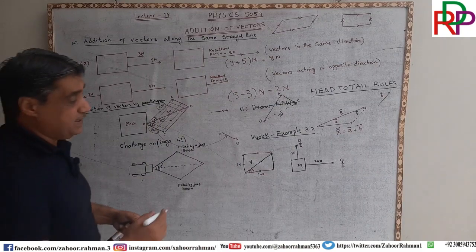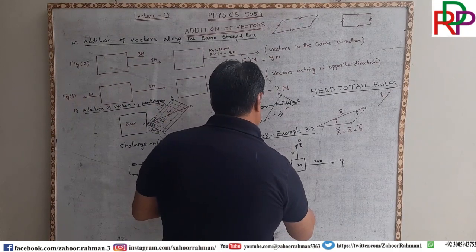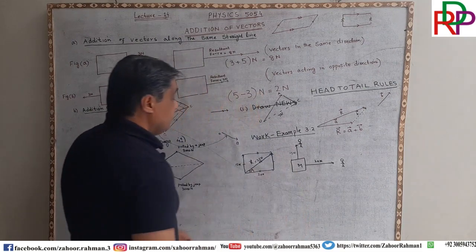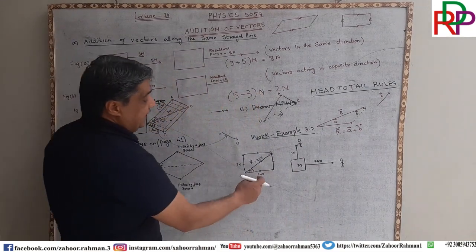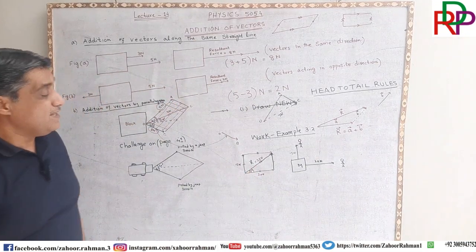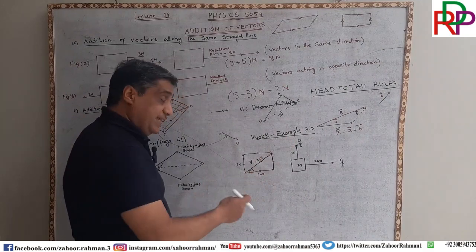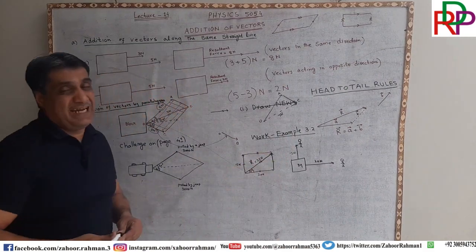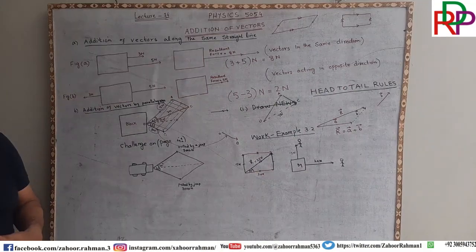and that will be 25, the resultant will be 25 Newton. If you are adding this 20 with 15, it will be 35. But the resultant vector here, when you measure it with the scale, will be 25 Newton.